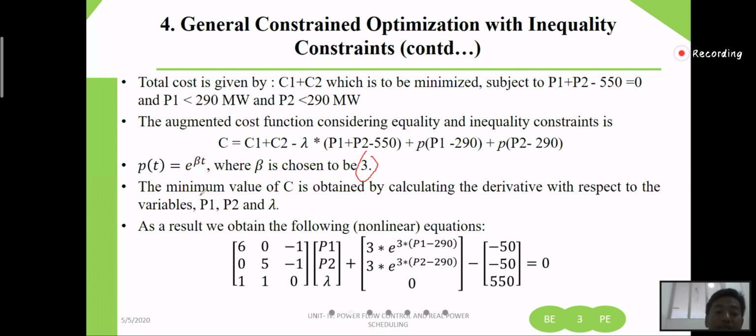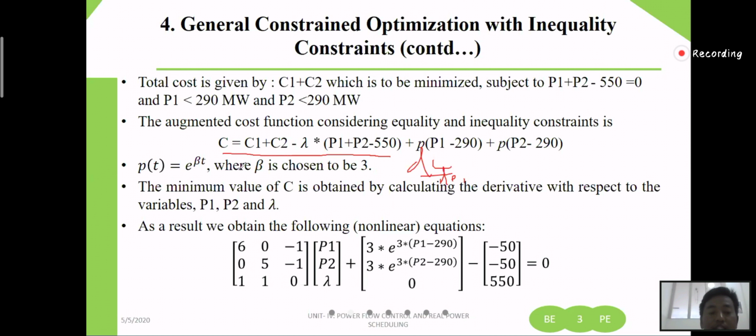Now the minimum value of C is obtained by calculating the derivative with respect to the variables P1, P2 and lambda. Similar to the earlier case, I have not formed the mathematical equation here. What you have to do is derive dC by dP1 from this cost function and make one equation.